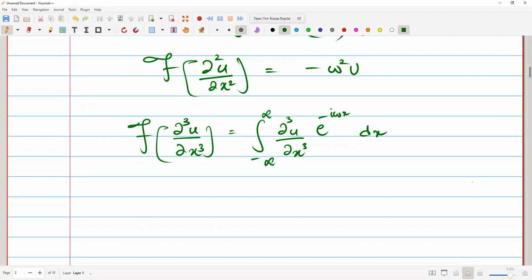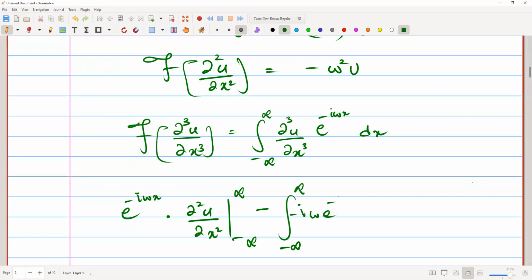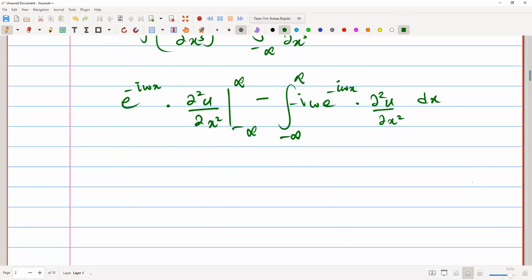What we are going to get here is that this function remains as it is, times ∂²u/∂x² from negative infinity to positive infinity, minus the integral from negative infinity to positive infinity of −iω e^(−iωx) times ∂²u/∂x² dx, right? So again, this first term is going to be zero because of these limits.